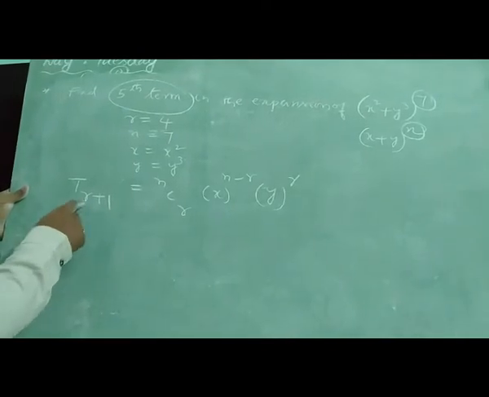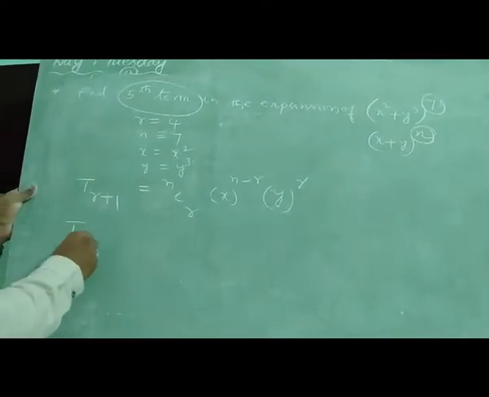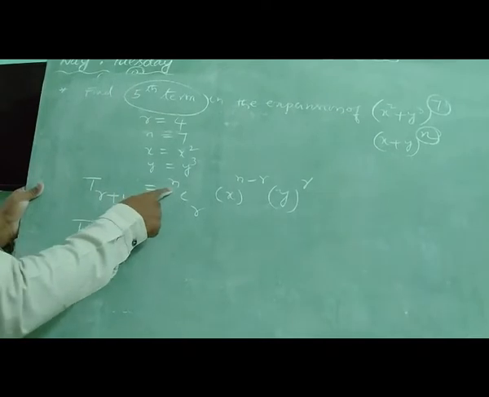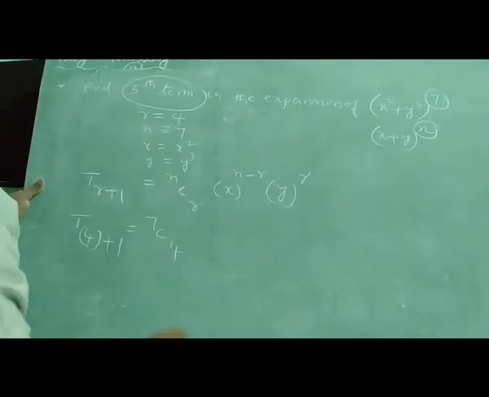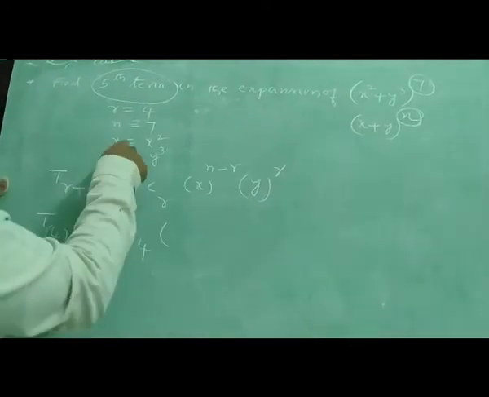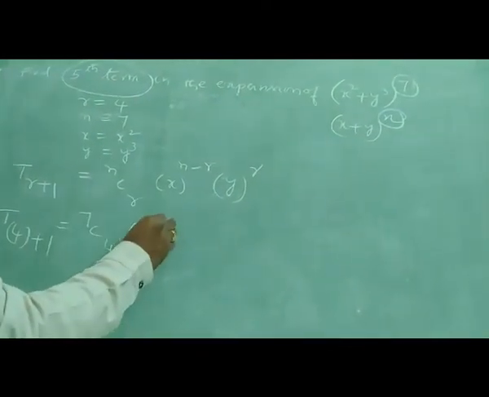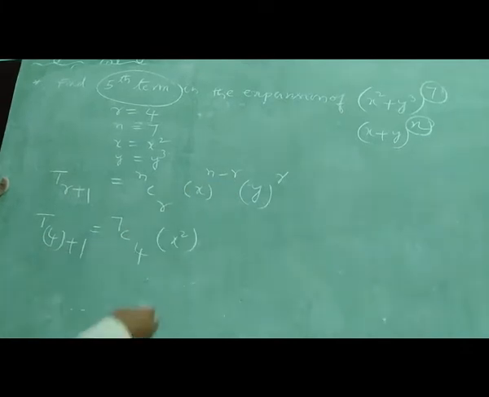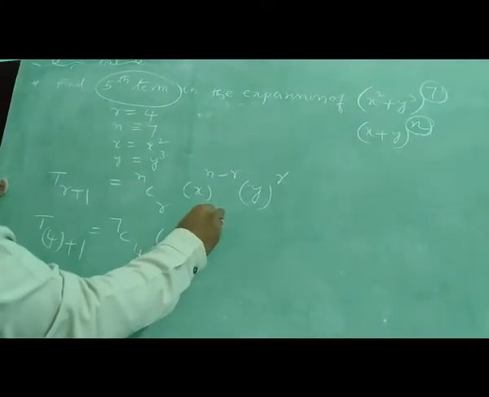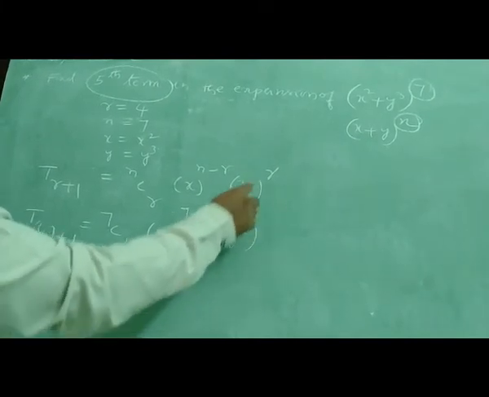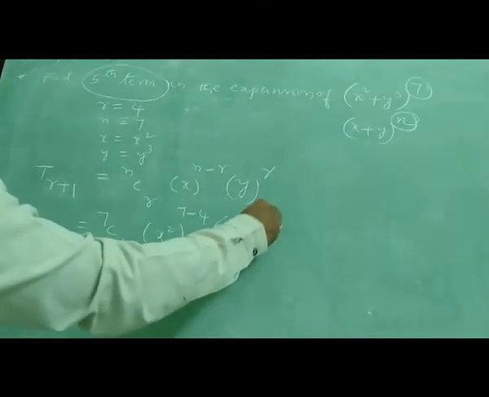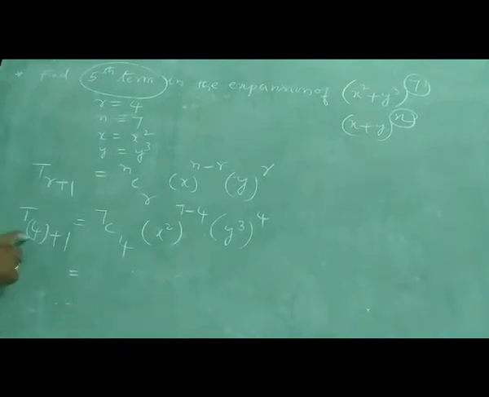T r, that is 4 plus 1, equals n, 7, C, r value 4, x to the power of, that means x value x square, n minus r, 7 minus 4, y value y cube, whole to the power of the r value, 4. So 4 plus 1 is 5.